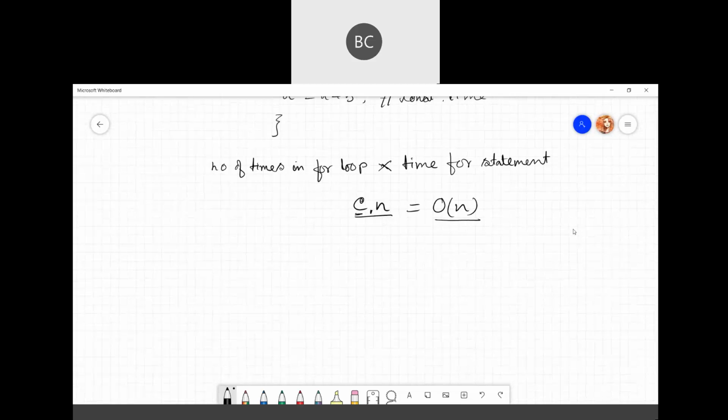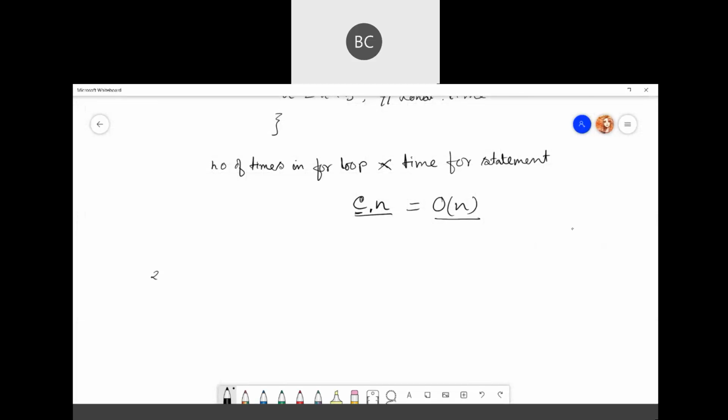Next we have nested loops. So what happens in nested loop? What's the structure? For i, for example, just thinking about where do we use nested loop?